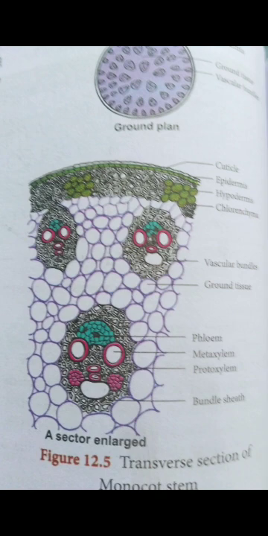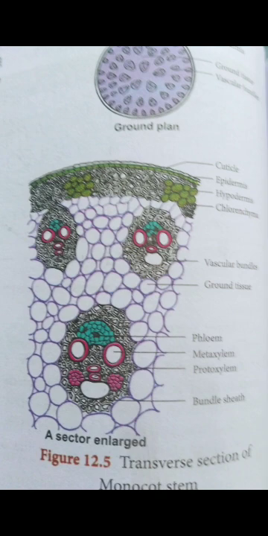Okay, then xylem. Xylem consists of metaxylem and protoxylem. The xylem vessels are arranged in a V shape or Y shape.